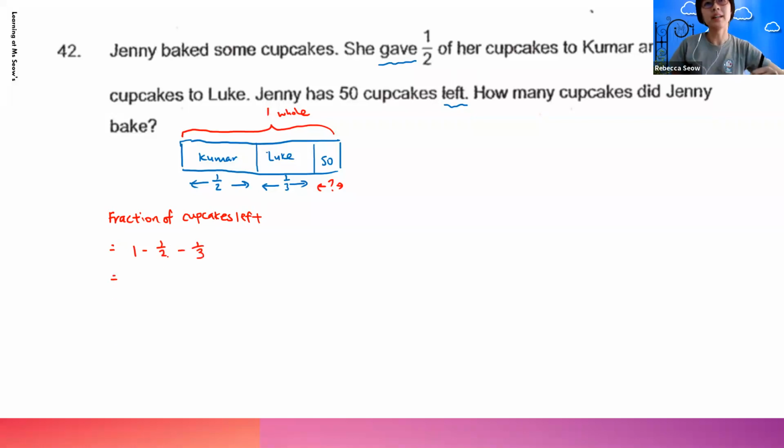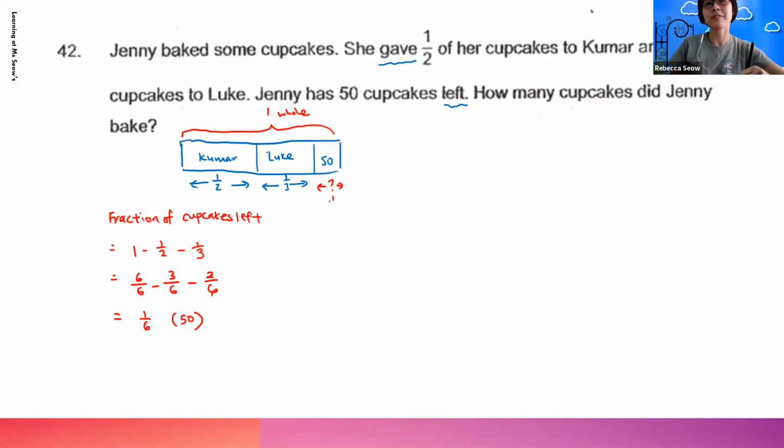Like one of the previous questions, whereby we have two fractions of different denominators, we need to find a common denominator. The common denominator of 2 and 3 will be 6. So 6 out of 6 minus 3 out of 6 minus 2 out of 6, and so we have 1 out of 6. And that makes 50 cupcakes.